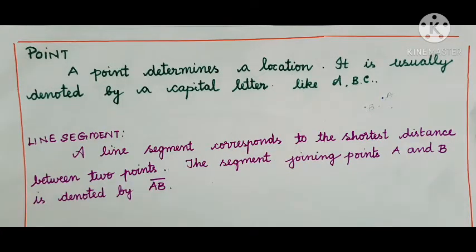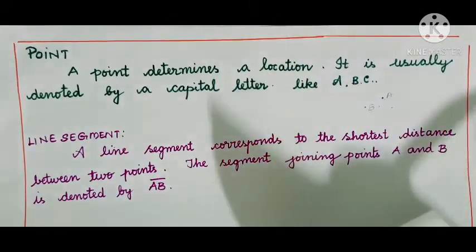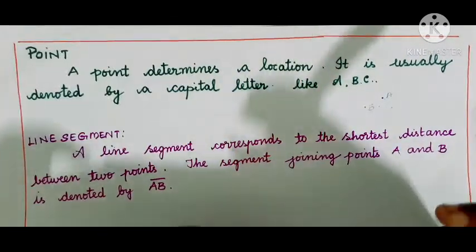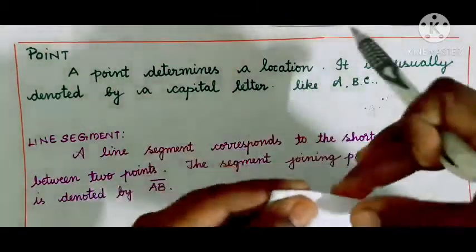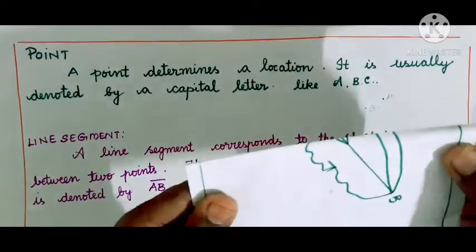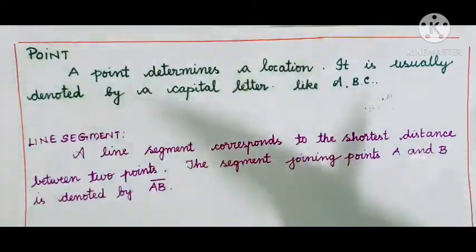So for instance, I can explain with a piece of paper. If I take a piece of paper and fold it, what will I get? I'll get 2 end points. This is called a line segment.